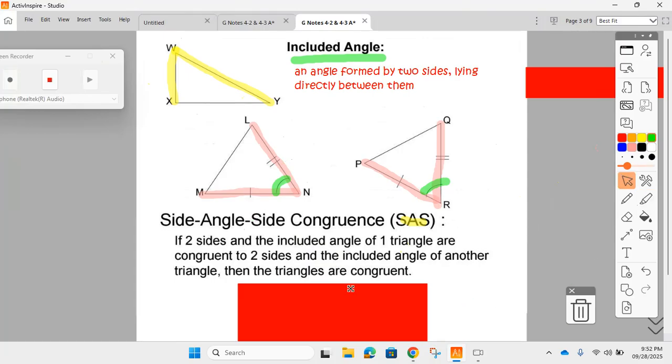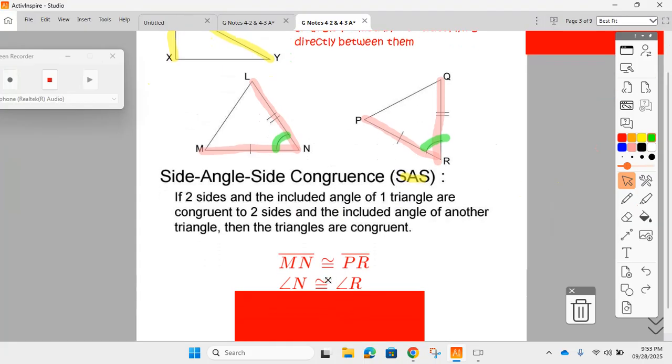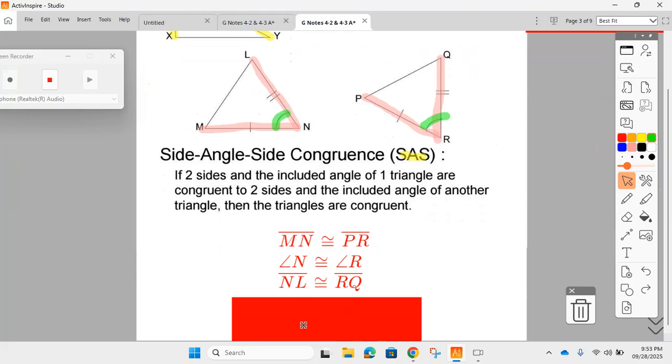So if we know that 2 sides and 1 angle, and that angle is included, we can say that these two triangles are congruent. So side MN is congruent to side PR, angle N is congruent to angle R, and these are the included angles. Side NL is congruent to side RQ, and now we can say that these two triangles are congruent.